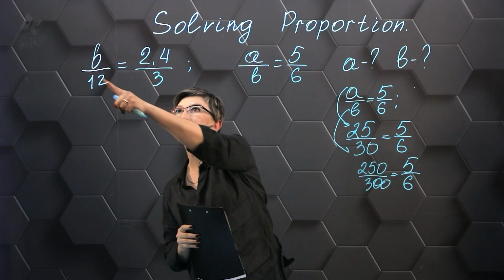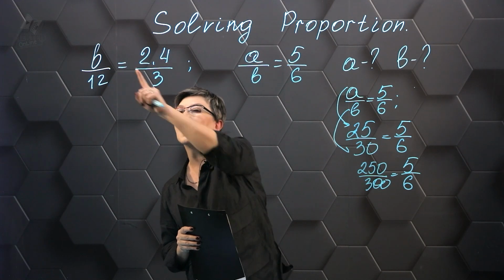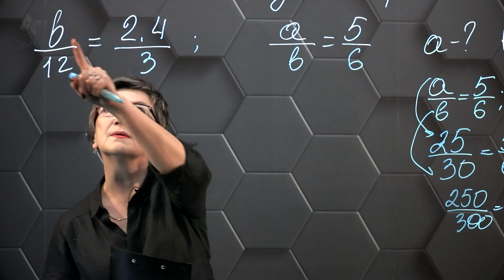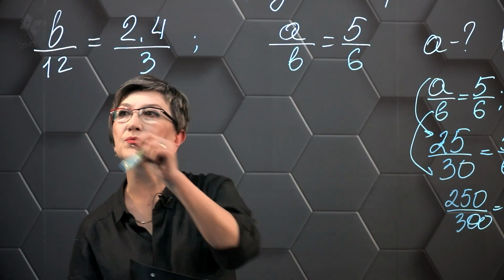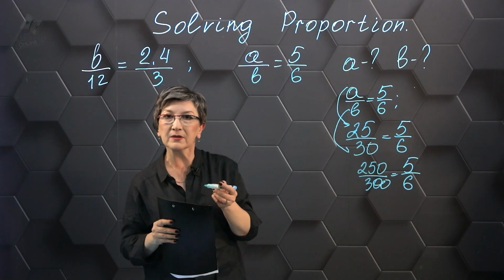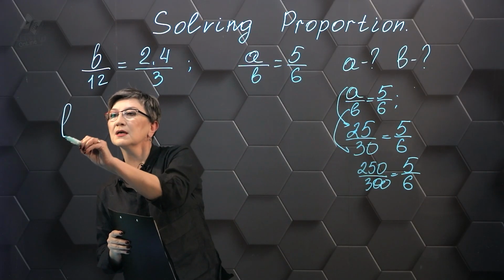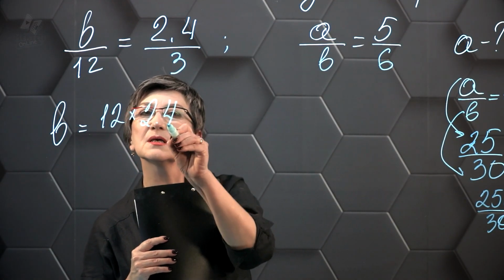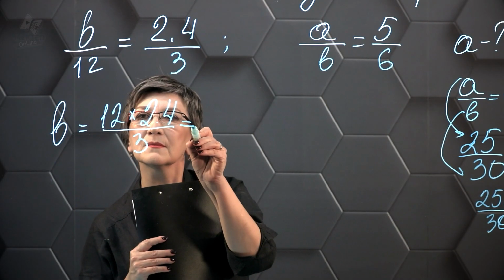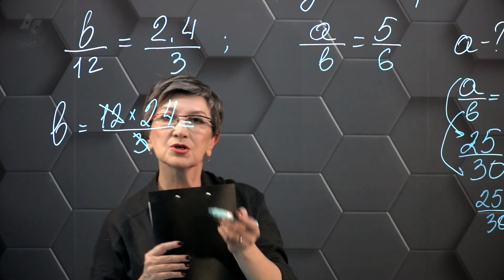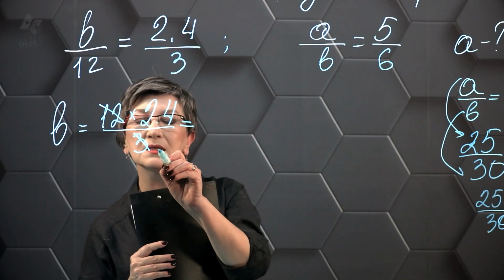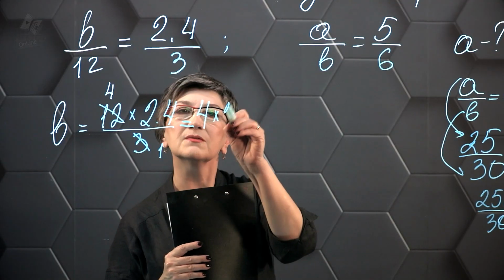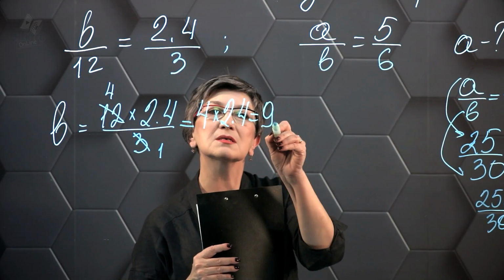From the first proportion, we find the value of b, and then we substitute that value into the second proportion. So, if I work with the first proportion, then applying our rule, our algorithm, I'm going to write b equals 12 multiplied by 2.4 and divided by 3. 12 and 3 we can divide by 3. 3 divided by 3 is 1. 12 divided by 3 is 4. 4 times 2 whole 4/10 equals 9 whole 6/10.